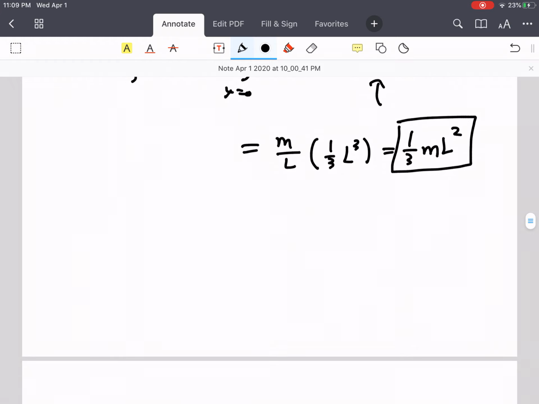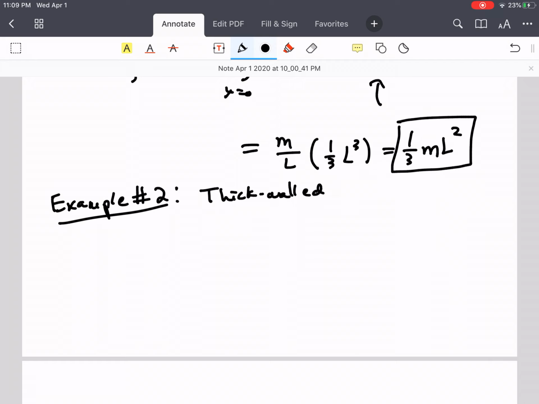So we can start to make that a little bit more complicated by working on a slightly more annoying type of geometry. Example number 2, probably going to be the hardest one just in terms of the actual calculus, is a thick-walled cylinder. Again, just about its center. By thick-walled, what I mean is the following.